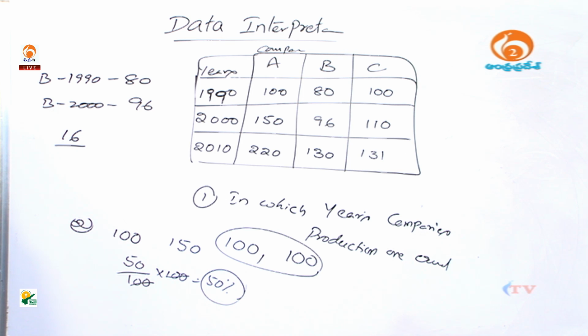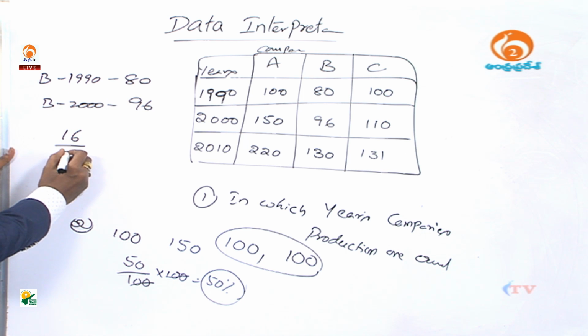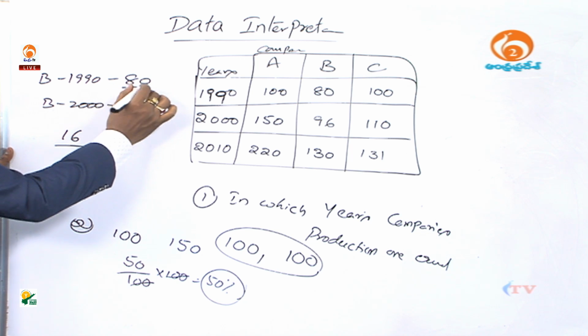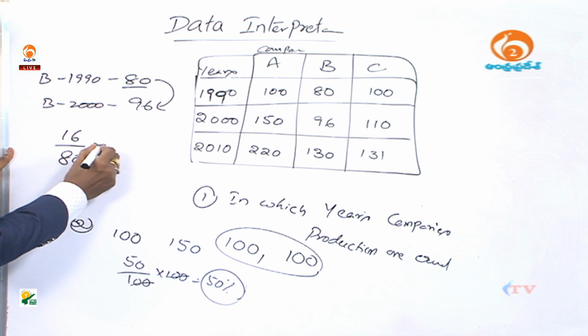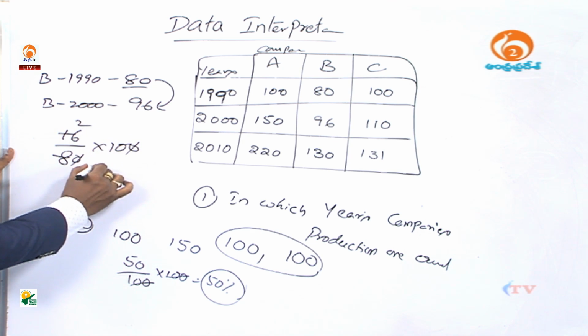That 16 is how much percentage on 80? The value is increasing from 80 to 96, so 16 by the initial value 80, into 100. The zeros cancel, and we get 20%.